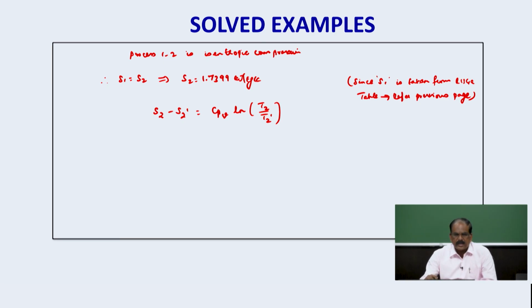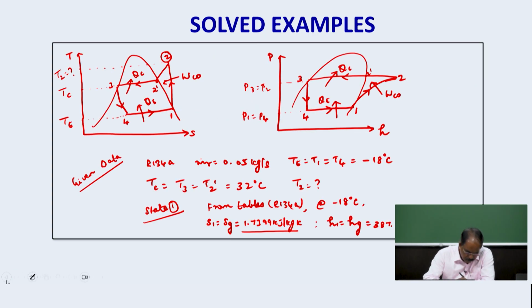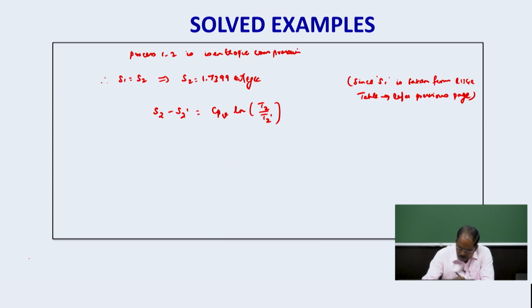In this, T2 dash is given. If you see the diagram, T2 dash is equal to T3, which is nothing but the condenser temperature. So that is known. S2 we have found, that is nothing but S1.